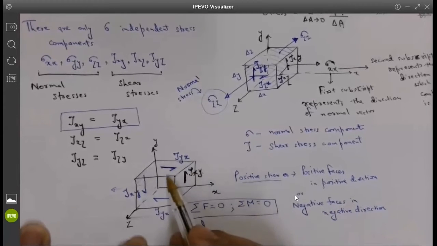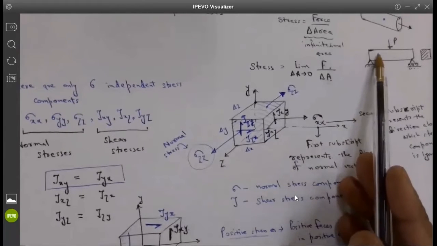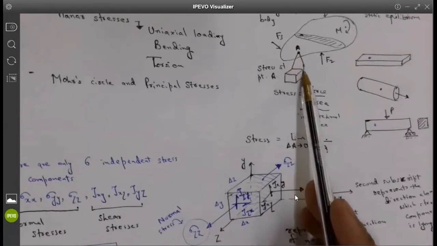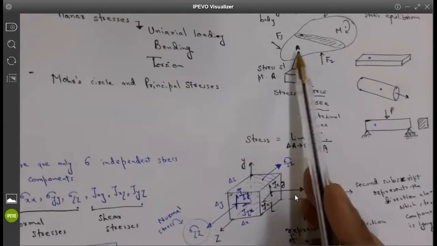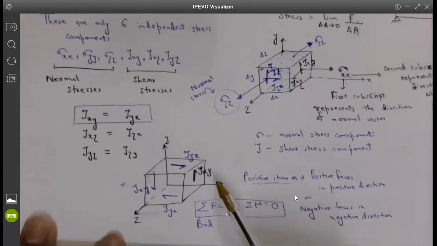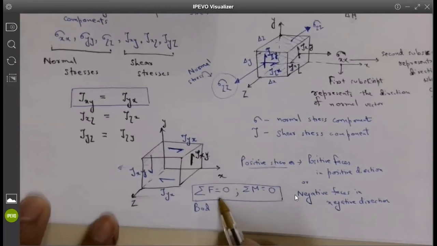So this body is basically a very, very small point, representing a small material point. I zoom in, basically using a lens, to represent this body, which is a point on an arbitrary shaped object. So for this specific point, the summation of forces equals 0 and the summation of moments equals 0.